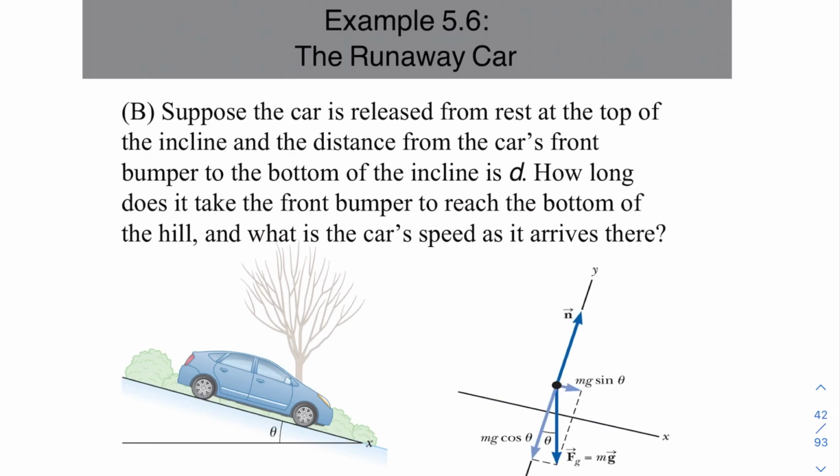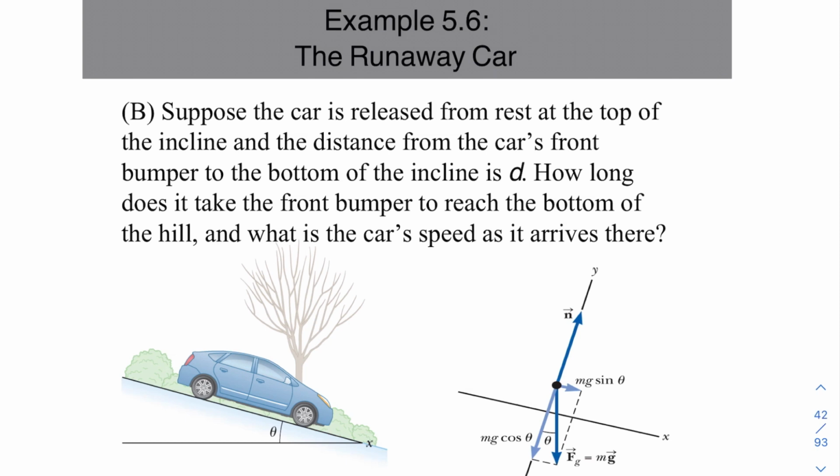Part B. Suppose the car is released from rest at the top of the incline, and the distance from the car's front bumper to the bottom of the incline is d. How long does it take the front bumper to reach the bottom of the hill, and what is the car's speed as it arrives there?